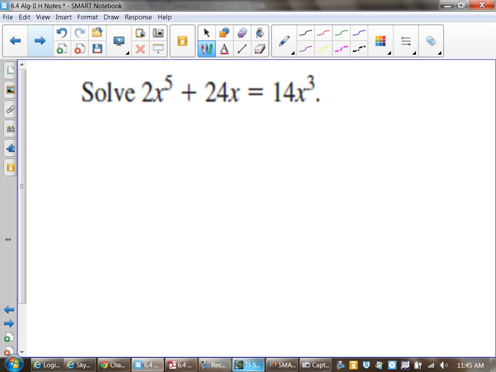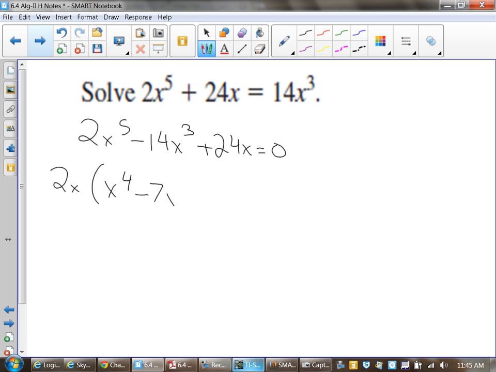So we have 2x to the 5th minus 14x cubed plus 24x is 0. Again, what's your first rule of factoring? GCF, and it's 2x. Very good. So if I factor out a 2x, I have x to the 4th minus 7x squared plus 12 is 0.